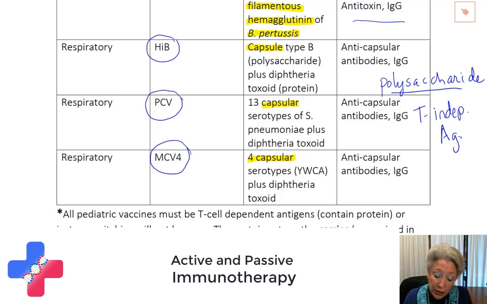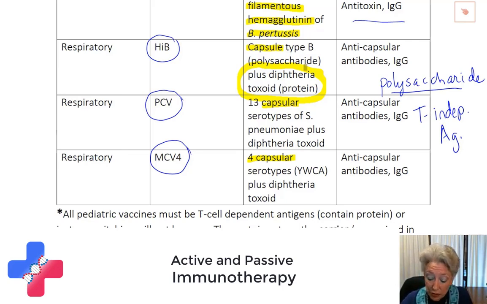So what they learned early on to do is to conjugate those capsular polysaccharides to an unrelated protein. And the protein that they have used in each of these cases is the diphtheria toxoid.